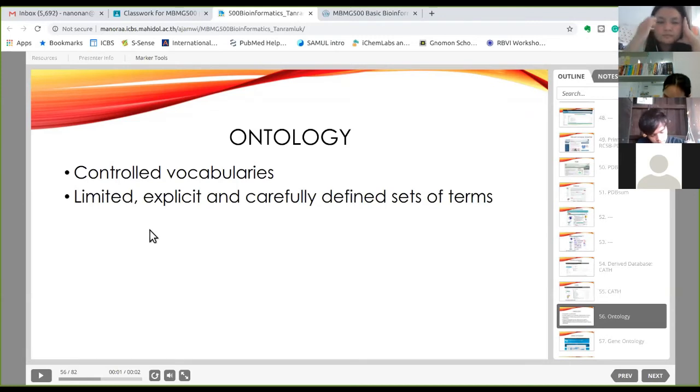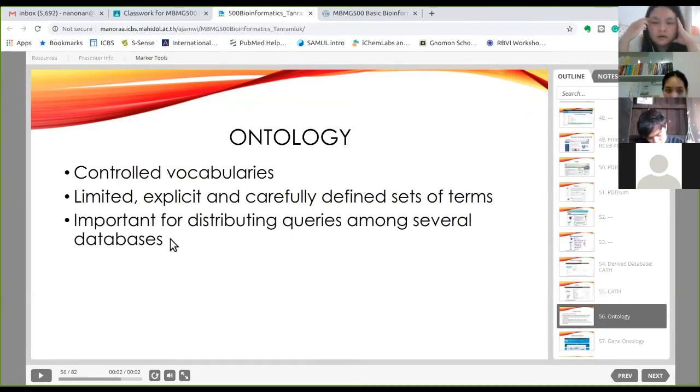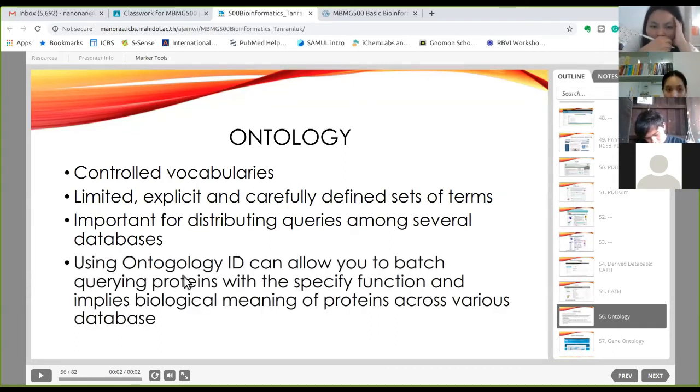It's limited, explicit, and carefully defined sets of terms, important for distributing queries among several databases. So by using an ontology ID, it allows you to batch query proteins with specification and implied biological meaning across various databases.